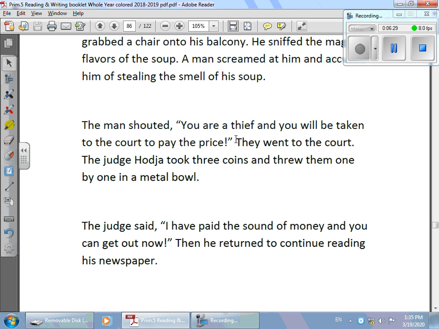The judge Hodja took 3 coins and threw them one by one in the metal bowl. 1, 2, 3. So that's how he solved the problem. The judge Hodja said, I have paid the sound of money and you can get out now. Then he returned to continue reading his newspaper.